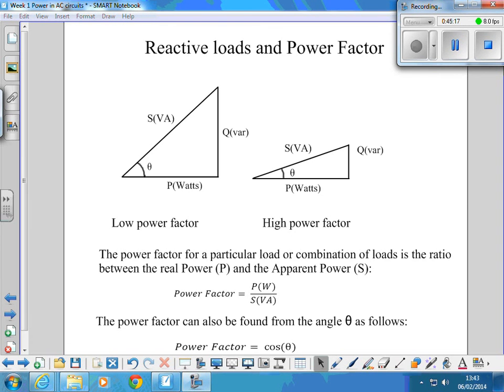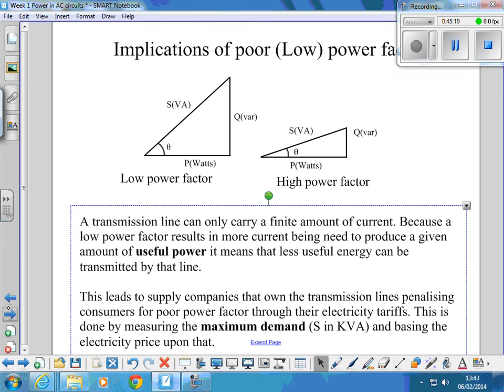Just moving on, implications of poor or low power factor. We already discussed these two triangles and that we need more current where we have a low power factor than where we have a high power factor.